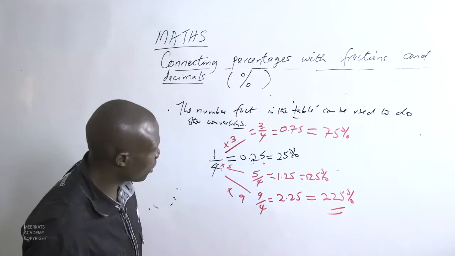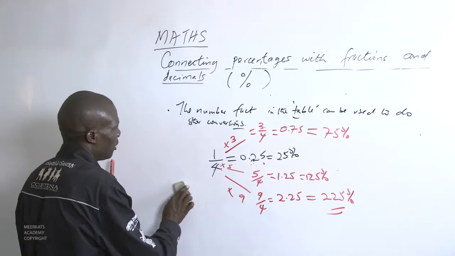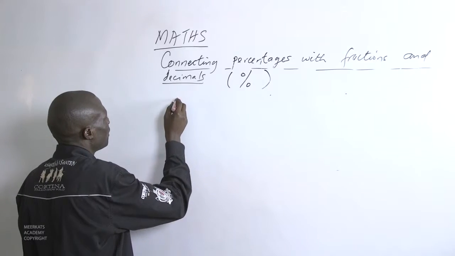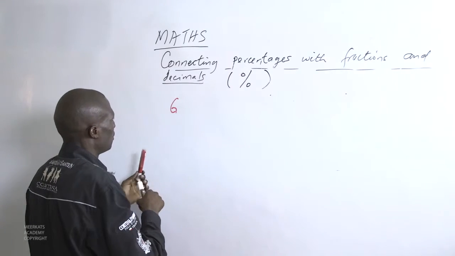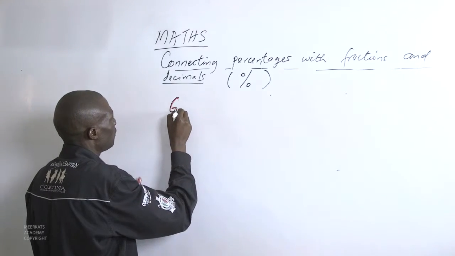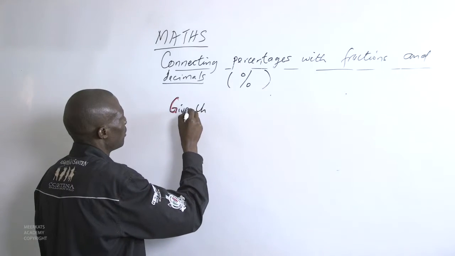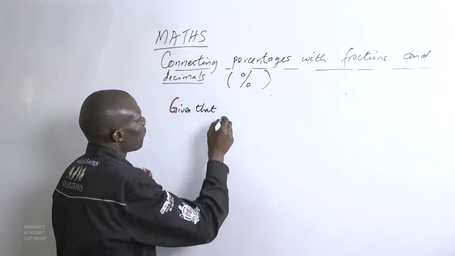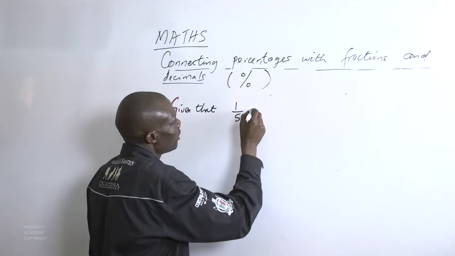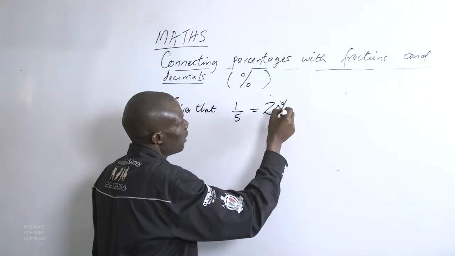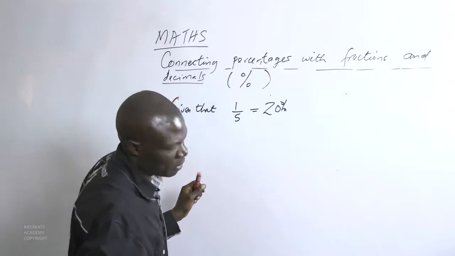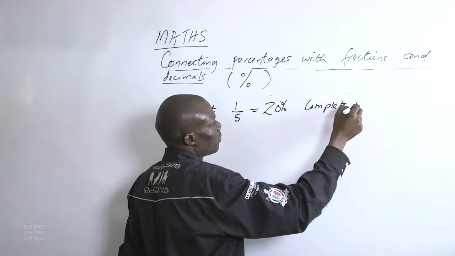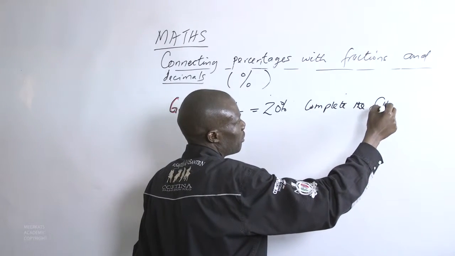You can still look at one more on the same. Given that 1 over 5 is equal to 20%, complete the following.